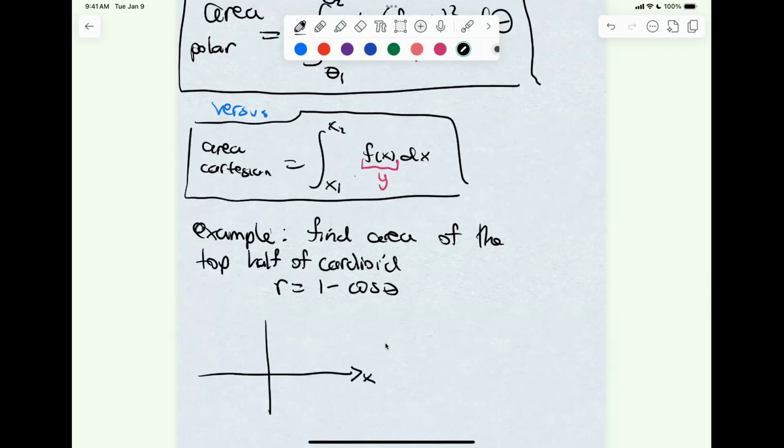And again, just to show you the picture, the cardioid was this one. I'm looking at the top half, so the half that's above the x-axis. I will give you the pictures.